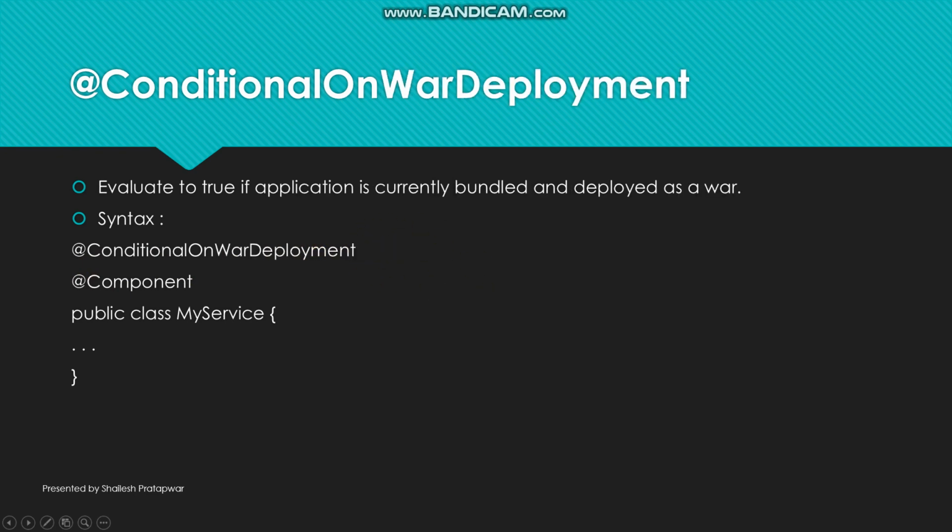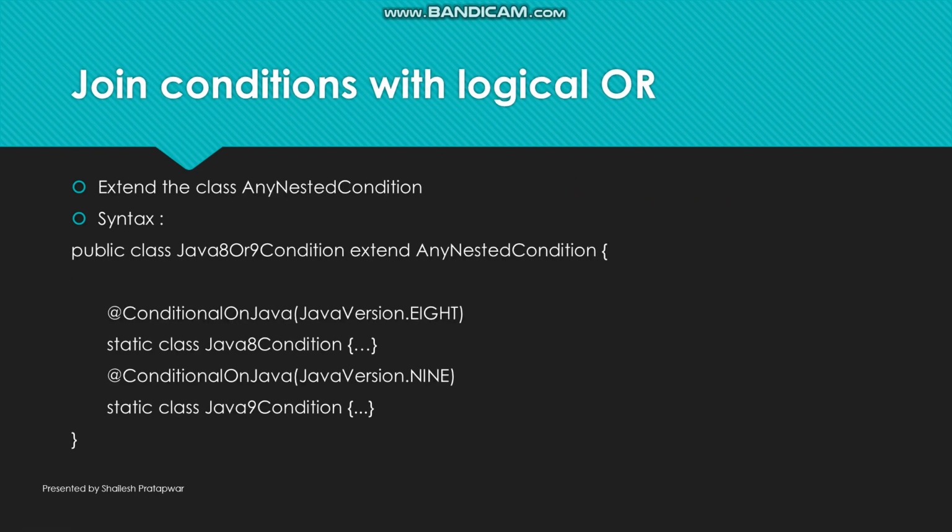ConditionalOnWarDeployment. This annotation will evaluate to true if the application is currently bundled and deployed as a war file. So if you want to verify whether your application is bundled as a jar or a war, then you can use this annotation.